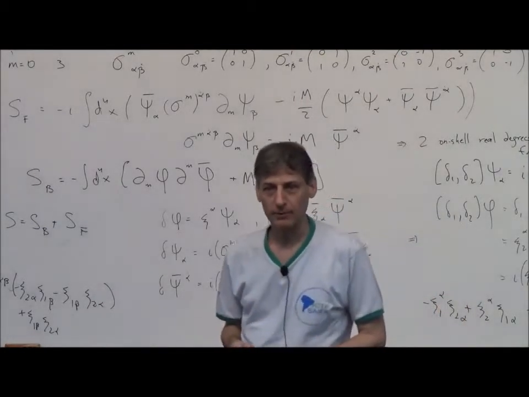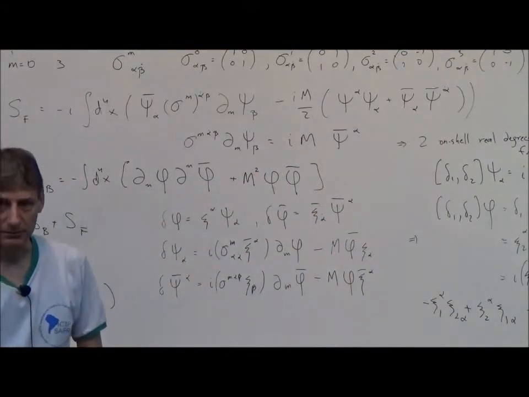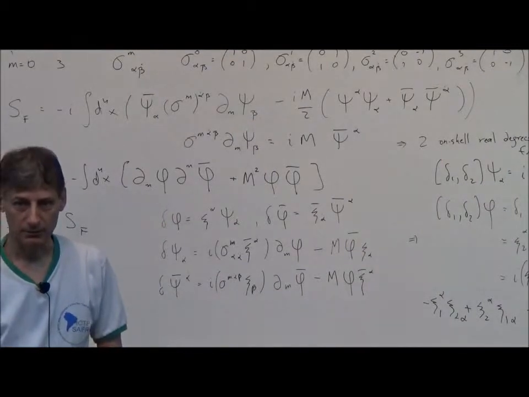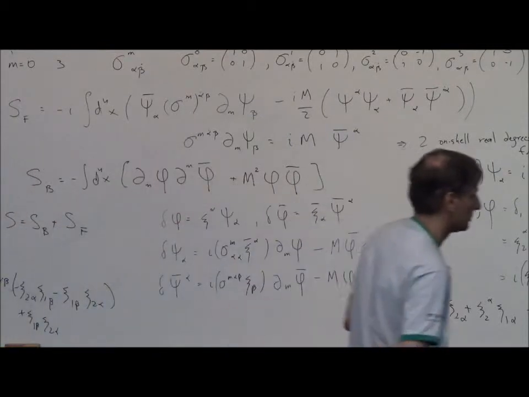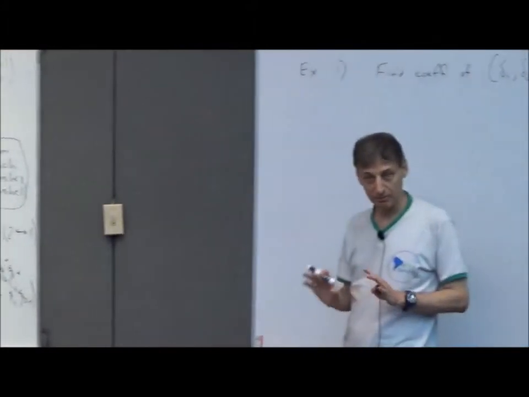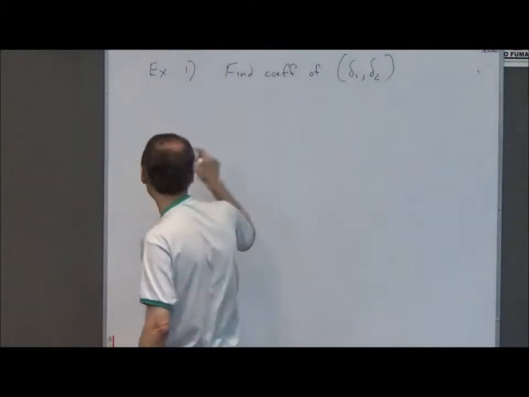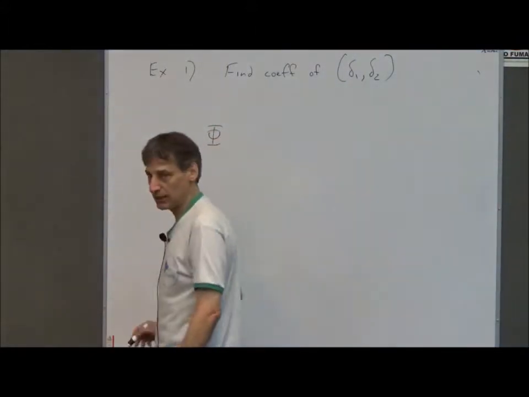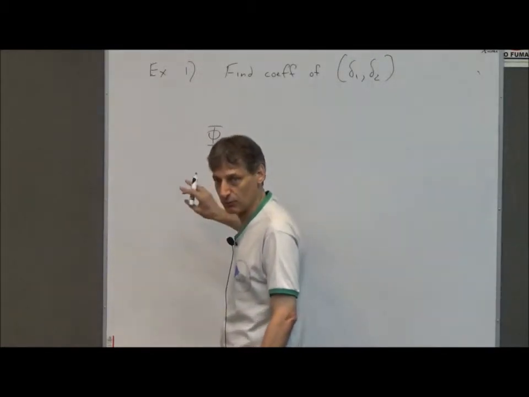When you quantize these kind of systems, you separate bosons and fermions and you establish commutators for bosons and anticommutators for fermions. So that's one way to do it. But when you have manifest supersymmetry, there's a better way to do it. The better way is to put phi and psi into a superfield. Just like what we did, I didn't do it, but at least I told you about how to do superfields in 1 and 2 dimensions.